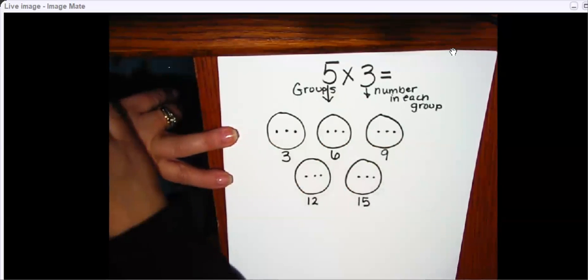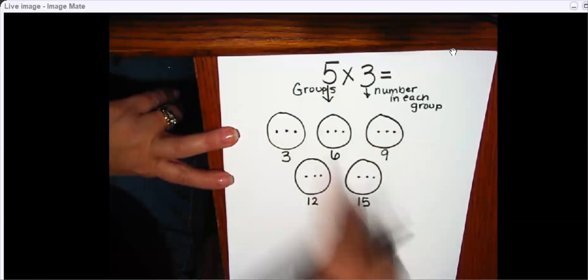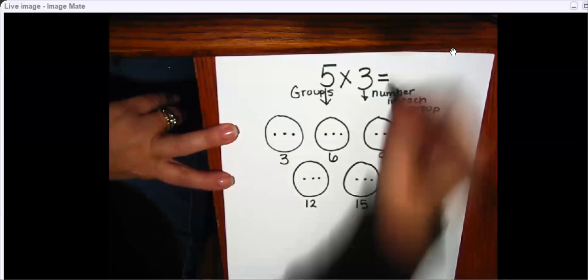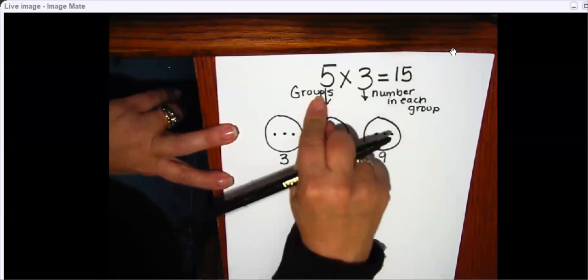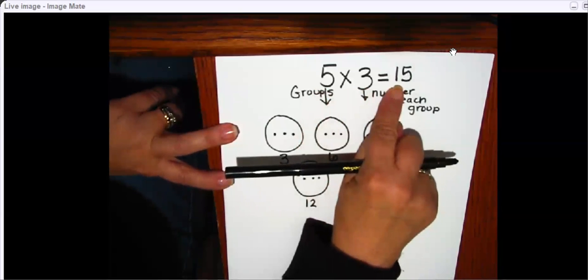So when I get done counting it, my number here tells me what my answer would be to the multiplication problem. So that means my answer would be 15. So the multiplication problem of 5 times 3 would equal 15.